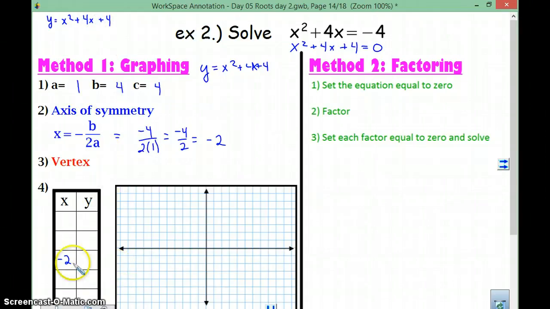Now I'm going to do the work underneath. I'm going to plug -2 in here. So I have y equals -2 squared plus 4 times -2 plus 4. -2 squared is 4. 4 times -2 is -8 plus 4. What's my solution? 0.